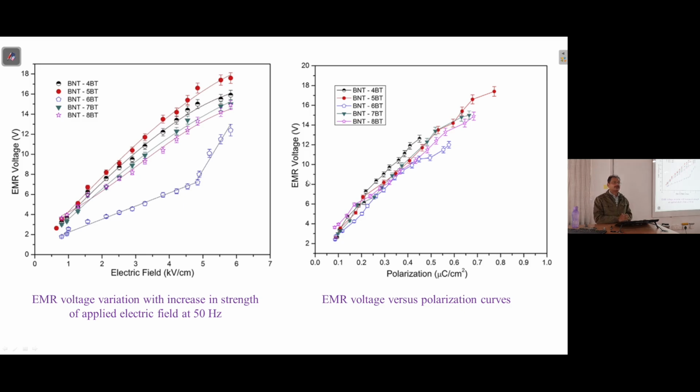This very nice correlation allows us a different measuring technique also. If you want to know the extent of polarization, you can measure this non-contact signal, and it could give information on to what extent the polarization has been achieved in the material. So this is for the electrical inputs.